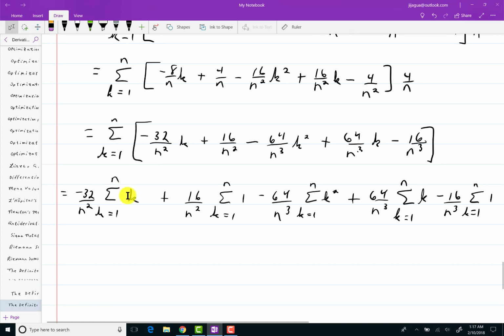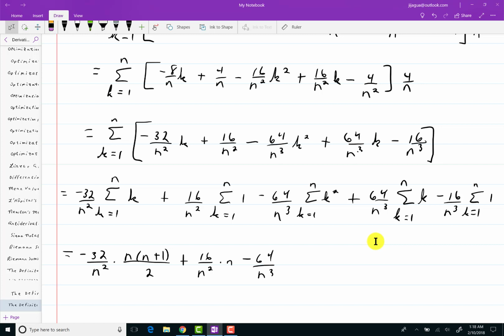For the first one, the formula for that particular sum, negative 32 over n squared, is n times n plus 1 over 2. Here the summation for this is simply n. Then I have negative 64 over n cubed. And the formula for the summation of k squared is n times n plus 1 times 2n plus 1, all of that over 6.